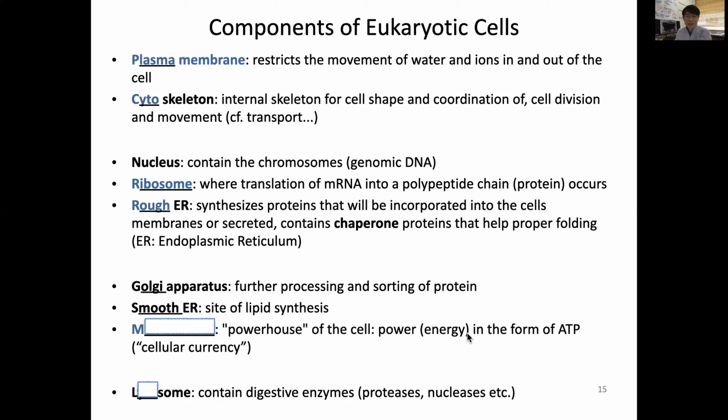And this ATP is produced in mitochondria. The cells also have a garbage and decomposition system, which contains digestive enzymes such as protease or nuclease. See, these A's are enzymes. Proteases chop up proteins, so that's called a lysosome.